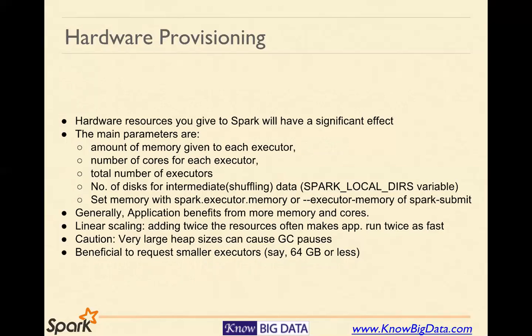So it automatically does the parallelization between all the threads. Similarly, it also consumes the memory accordingly. So the factors are the amount of memory that you give to each executor, the number of cores of each executor, the total number of executors, which is a function of the total number of machines, and the number of disks for intermediate shuffling data.